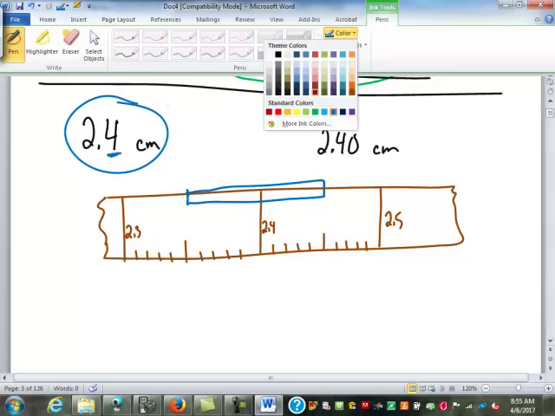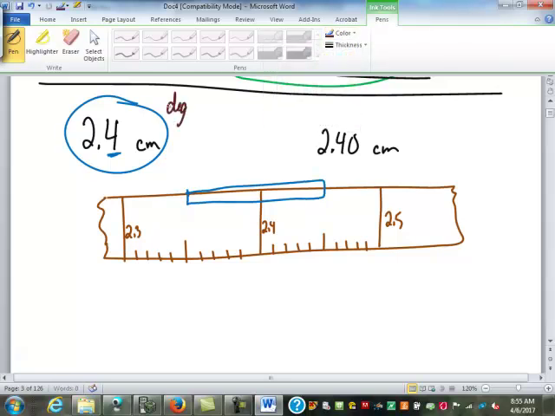In other words, it's implying a degree of precision of 1/10 of a centimeter. And I'm actually going to do it as a decimal: 0.1 centimeter, because that's the place value of that last digit. The degree of precision is the place value of the last digit.